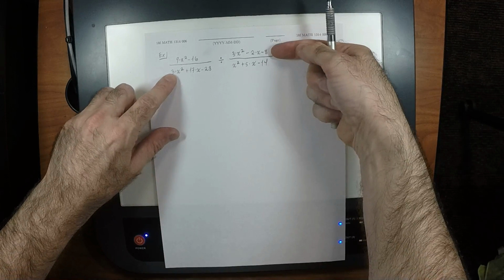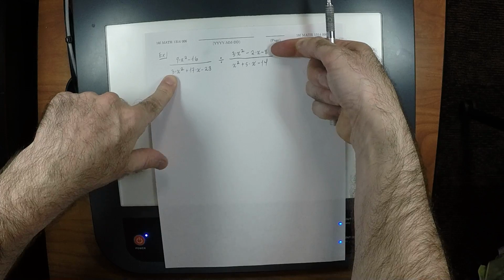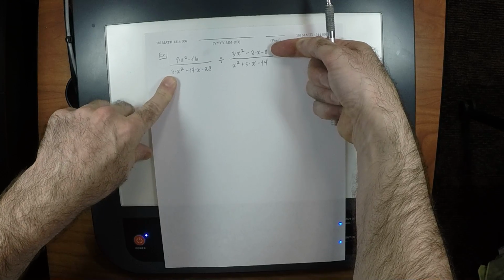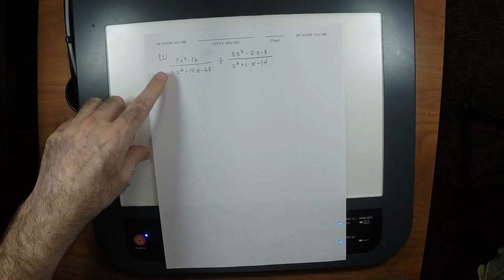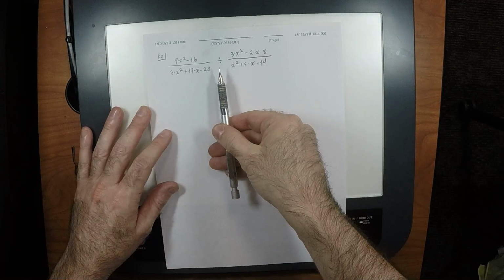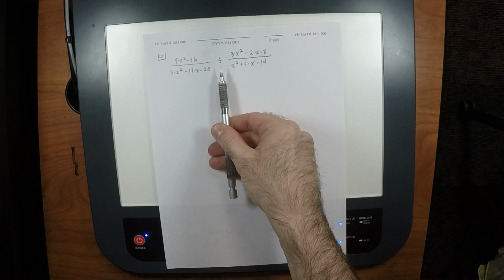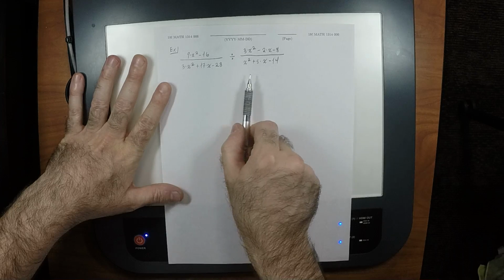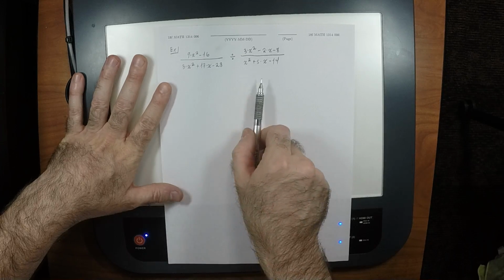But these two are a little bit less straightforward. Why? Because they're not monic. So you have to do that other thing. Finally, because that's a division, eventually you're going to need to change that division to multiplication by the reciprocal before you perform any cancellations. So I encourage you to have a look at this one.